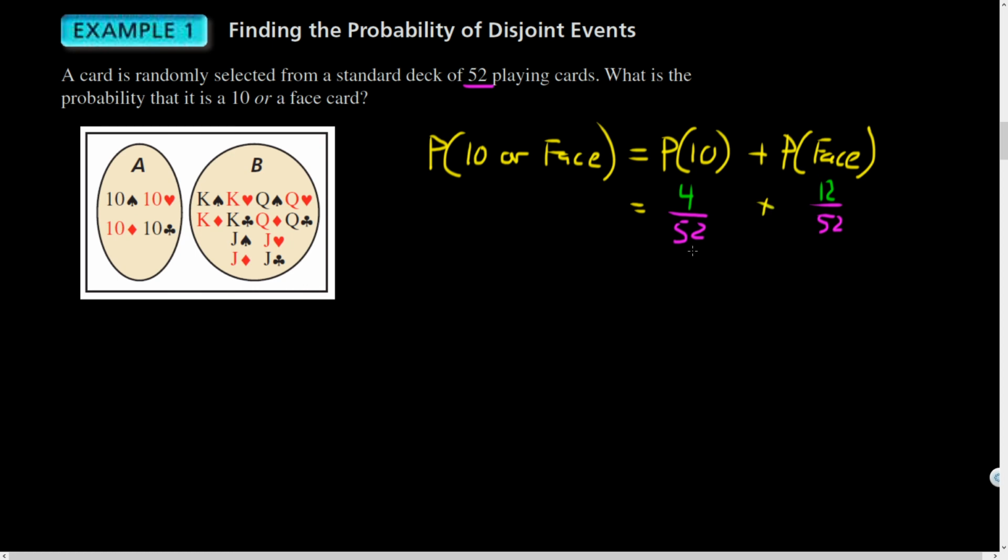So I simply add these together and I get 16/52, which reduces to 4/13, approximately 30.8%. For disjoint events, you just add them. Or means add.